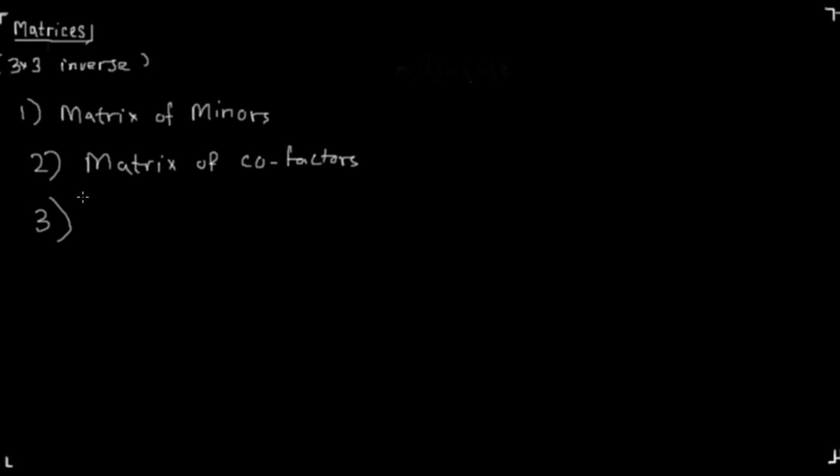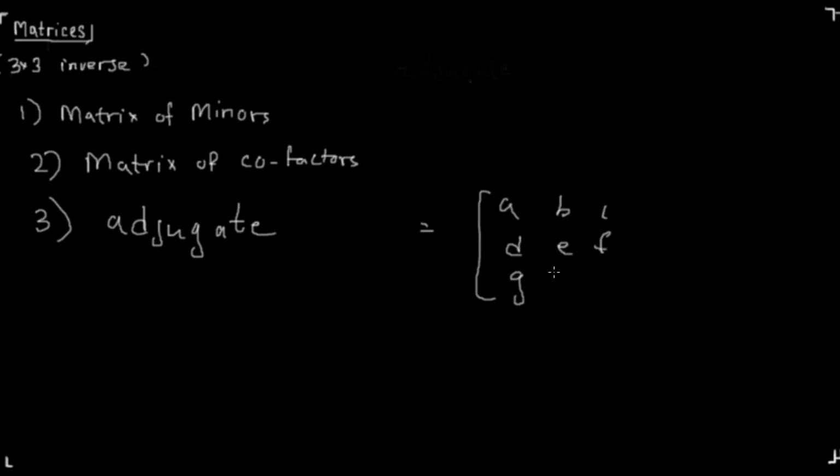The next thing we're gonna find is the adjugate, which is just A B C D E F G H I. So this is reflecting by the diagonal. So this is going to be A E I. So B and D are going to swap.